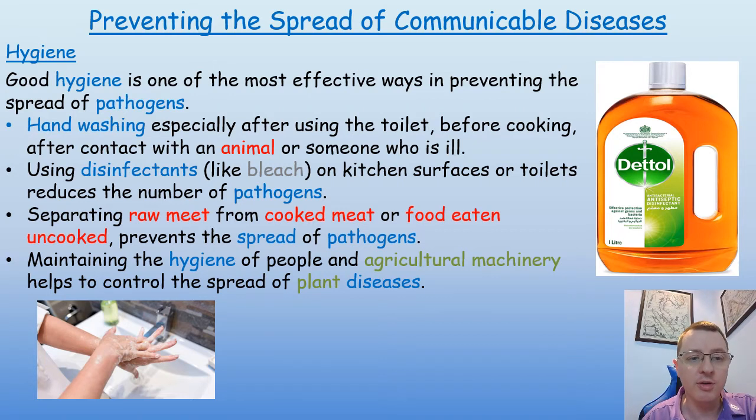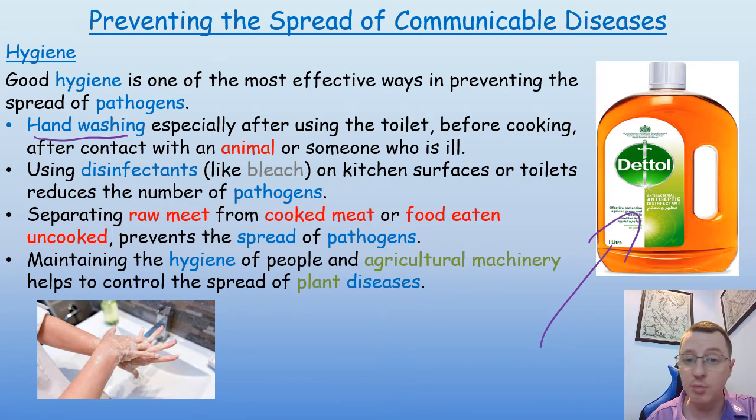Hygiene encompasses 3 or 4 different areas. For example, most importantly, hand washing, especially after using the toilet or before cooking and after contact with animals or contact with somebody who's ill, will destroy and prevent and reduce the spread of pathogens. Using disinfectants like bleach or Dettol on kitchen surfaces or toilets reduces the number of pathogens.